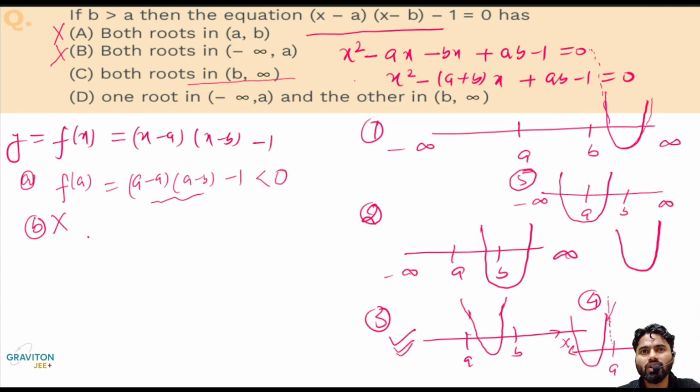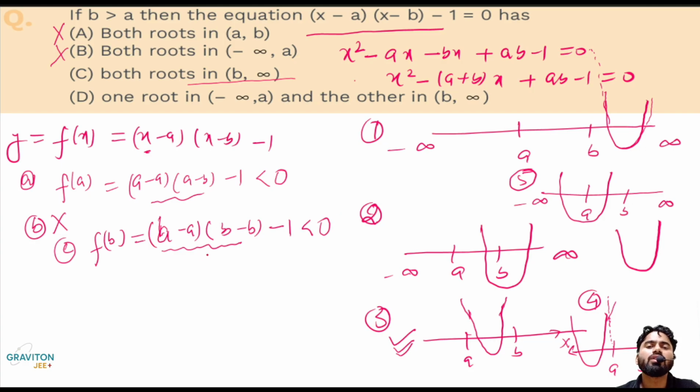So calculate the value at b for option C. When you calculate f(b), it becomes (b − a)(b − b) − 1. So this term equals 0, and this makes the entire term negative. Here it should be positive, but f(b) comes out negative. So these conditions will also not hold.